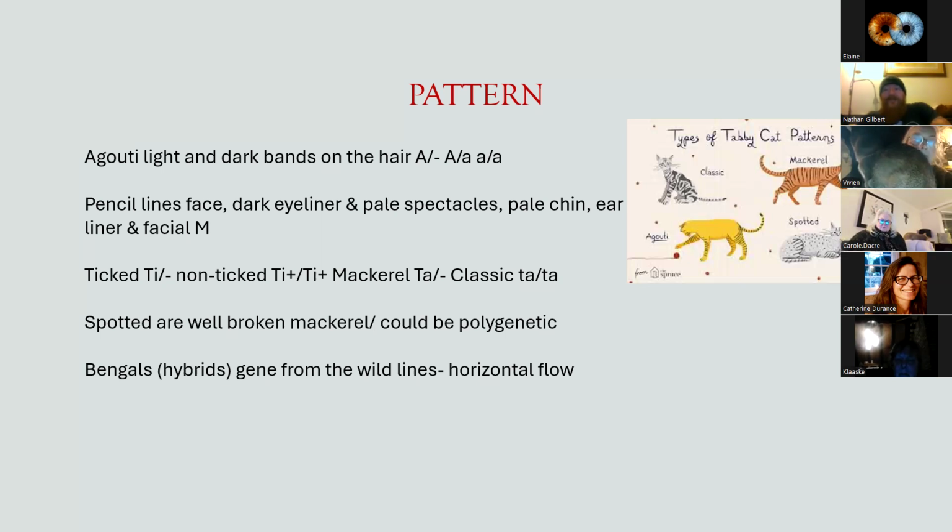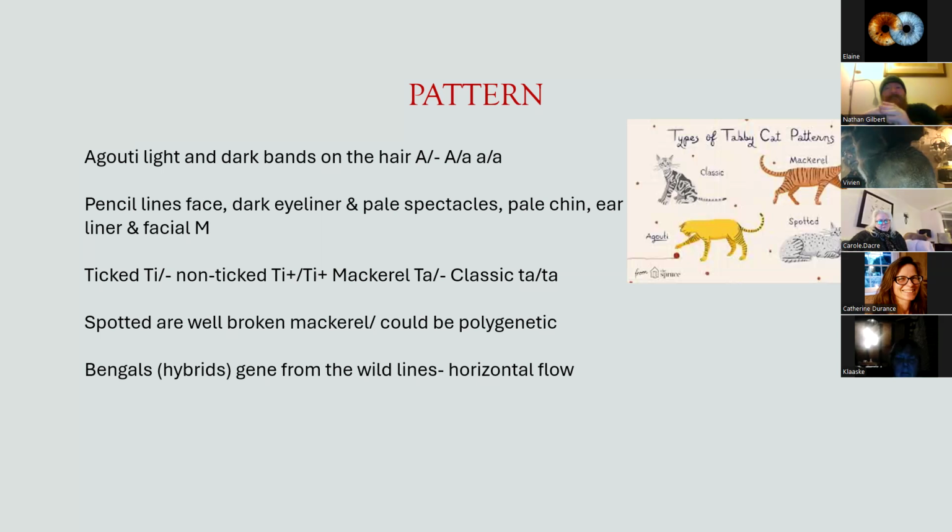We have just selectively bred that out to get quite a clear coat. We'll probably never be able to breed out, not that we want to, the M on the forehead, the pencil lines going from the eye to the ear, the dark eyeliner, the paler colored area, the spectacles.